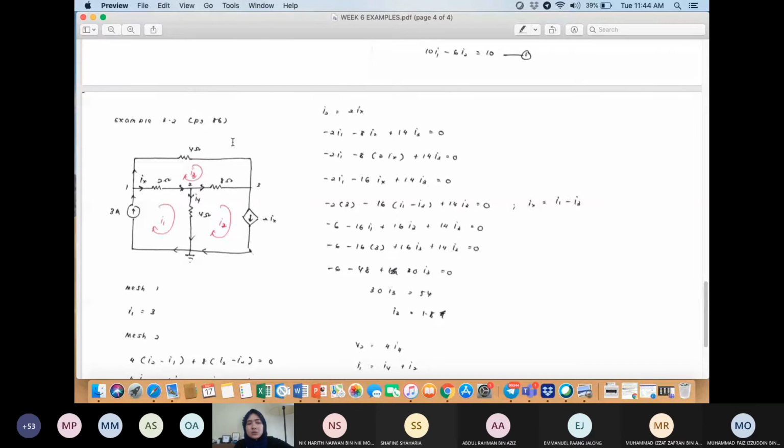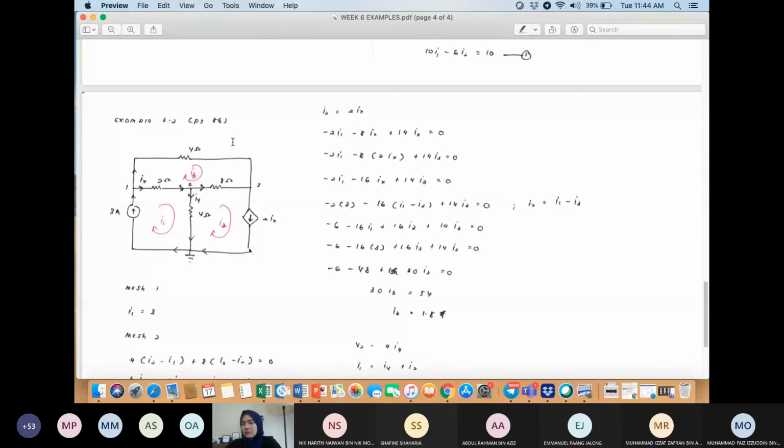But if the question asks you to calculate for the current, then it's easier for you to use mesh analysis. You can choose whether to use nodal or mesh if the question doesn't state which analysis you need to use. But if the question asks you to calculate for the voltage using mesh, then you need to use mesh.